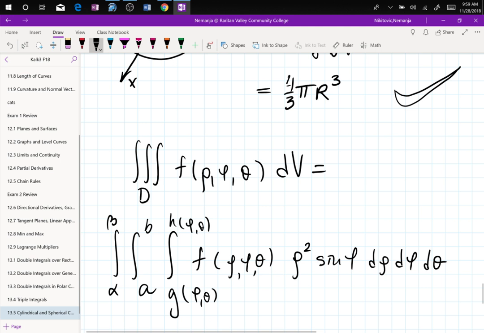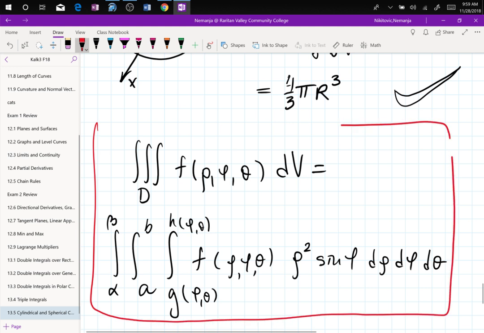So this is the light version of the spherical coordinates integral. The worst one is not a part of this, obviously. It has functions on all parts.